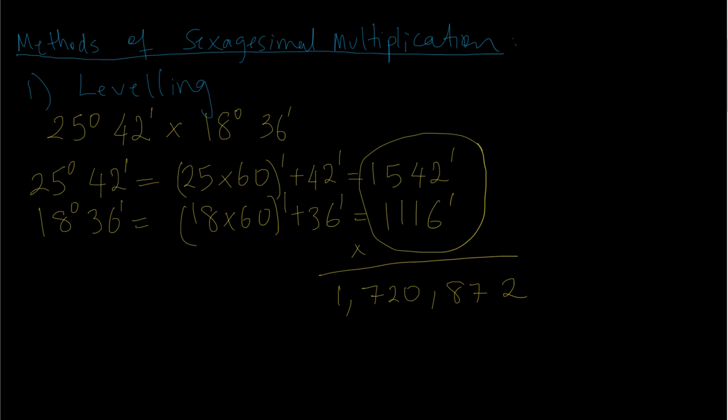Minutes is really 1 over 60, right? Or 60 to the power negative 1. If you multiply that with 1 over 60, the result is 1 over 60 to the power 2, and this means seconds. Okay, so when you multiply these two numbers, the result is this many seconds.